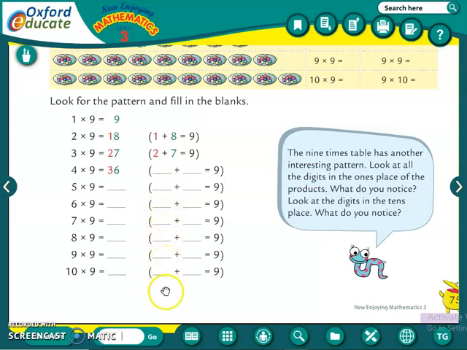And in the same way here it will come 9, 8, 7, 6, 5, 4, 3, 2, 1 and 0.